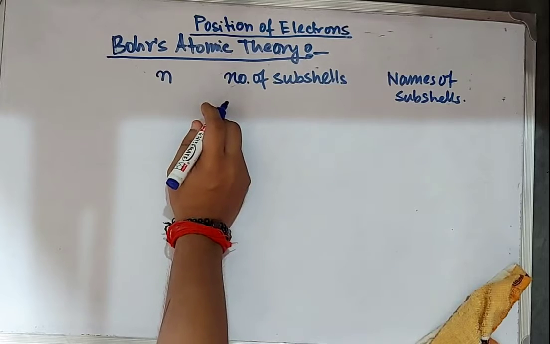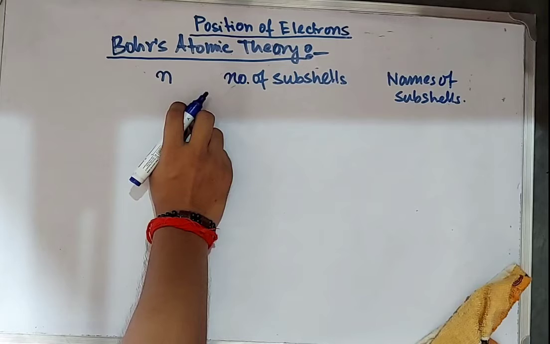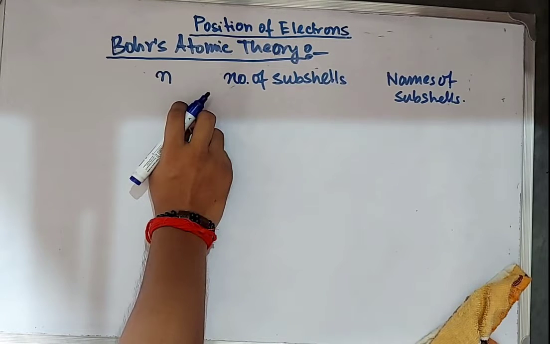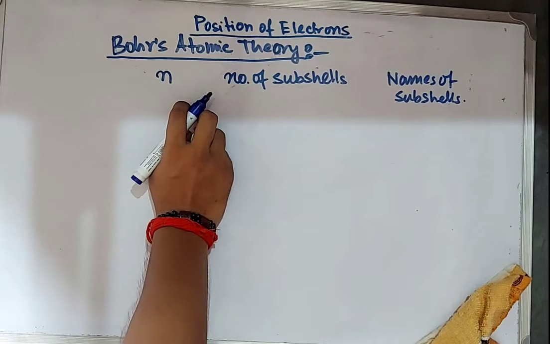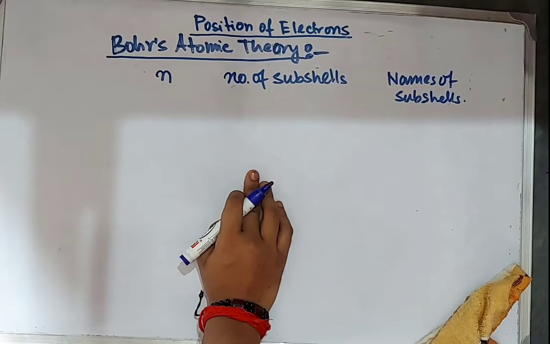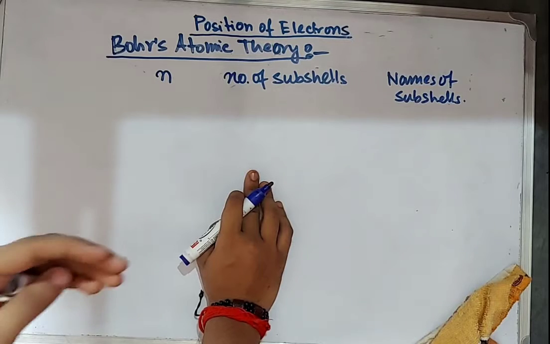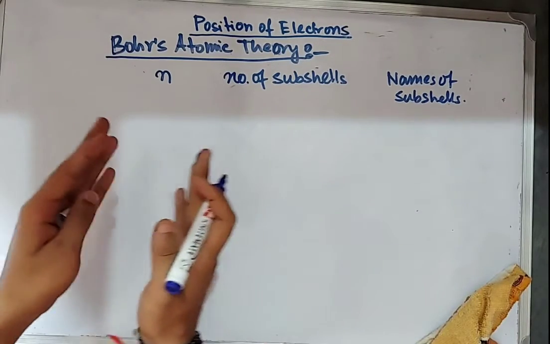So why are we talking about the concept of subshells? Because if we consider the energy shells in the presence of a strong magnetic and electric field, then we can see that the energy shells get split into some subshells, but they are not very far away from each other.